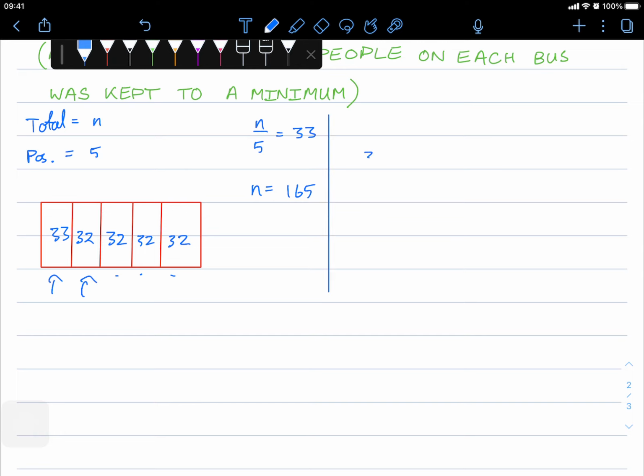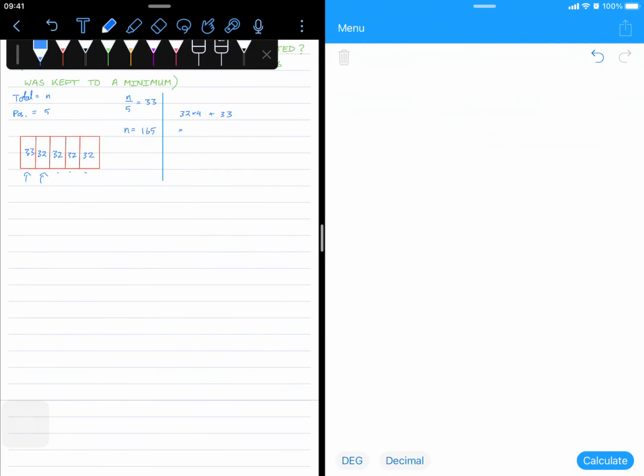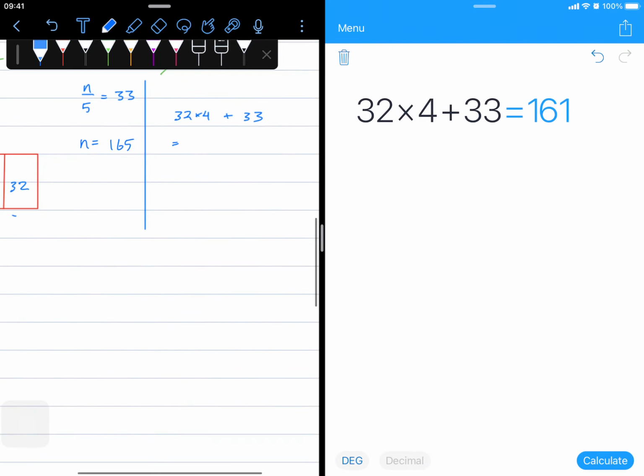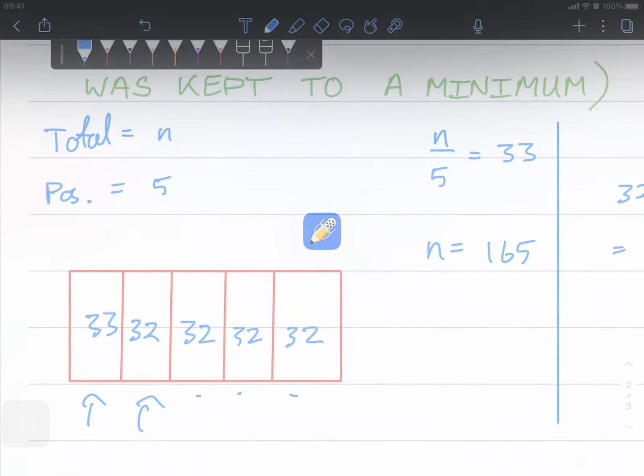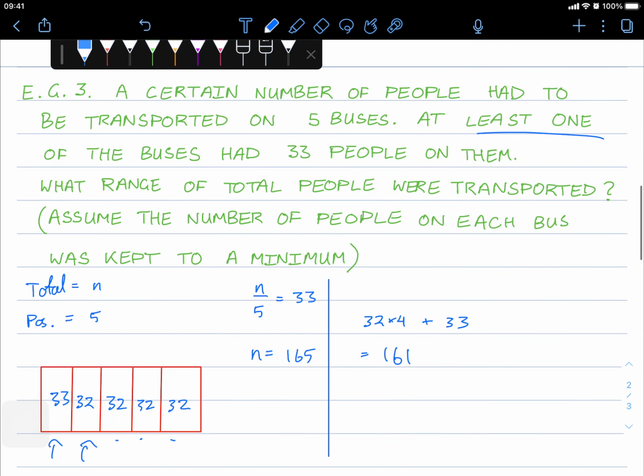So it could be 32 times 4 plus 33, which, if we use the calculator, gives 161 people as the absolute minimum.